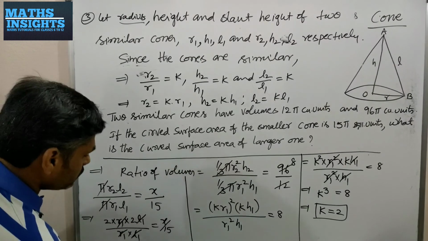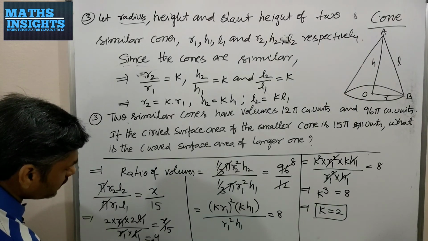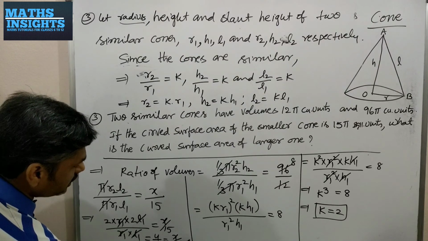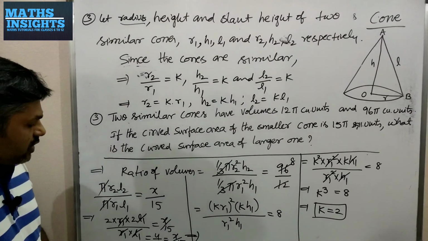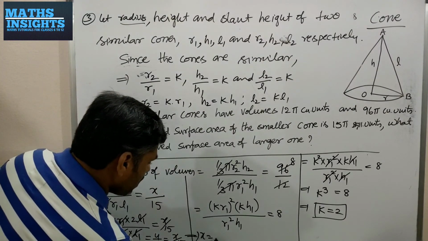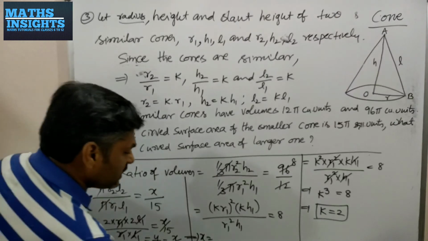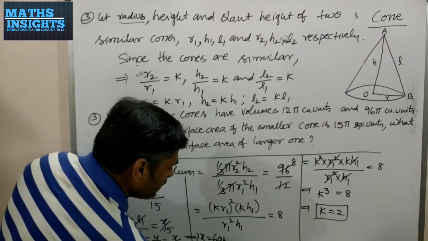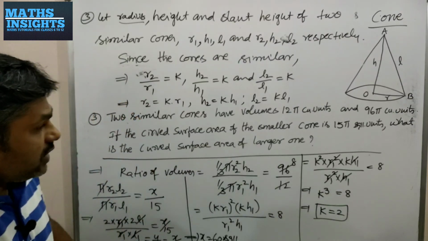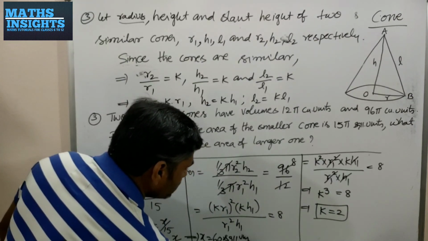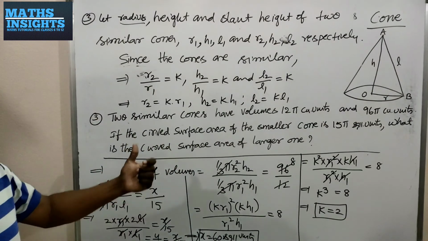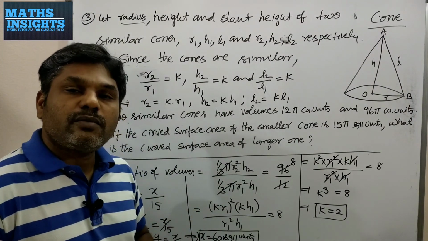So that implies 4 by 1 is equal to x by 15. So on cross multiplication, you will get the value of x, that is x into 1, x is equal to 4 into 15, 60 square units. They are saying units only, therefore you will say units. So this is the curved surface area of the bigger cone.